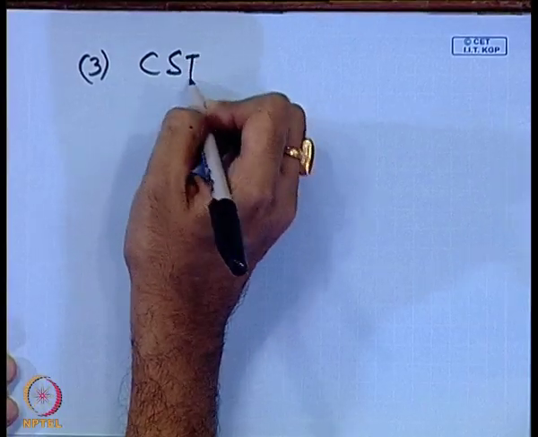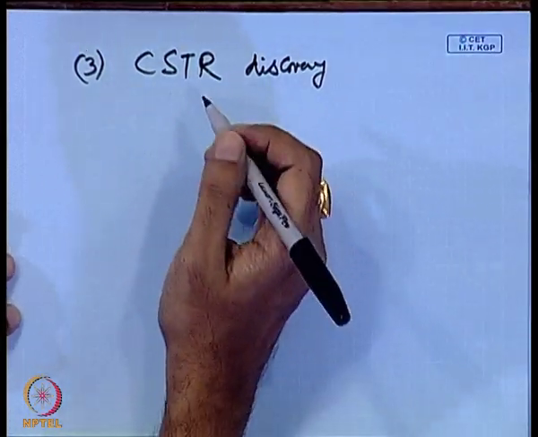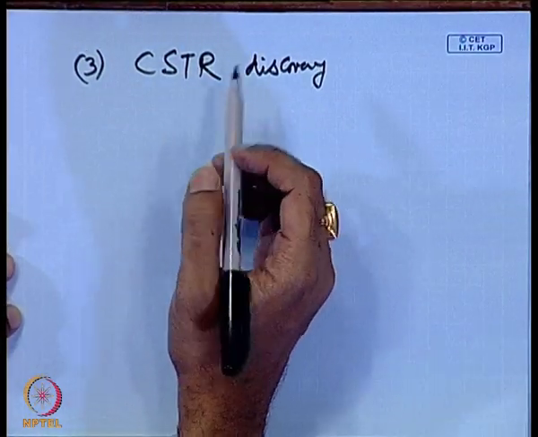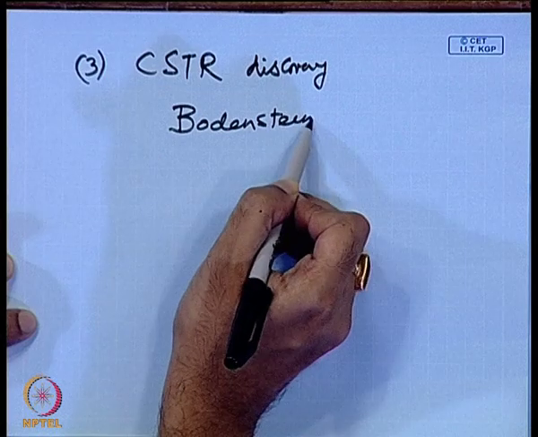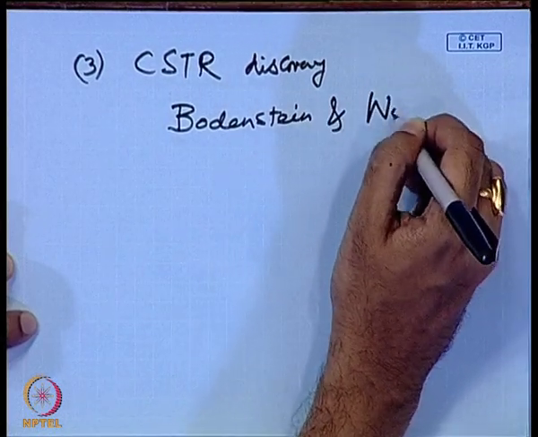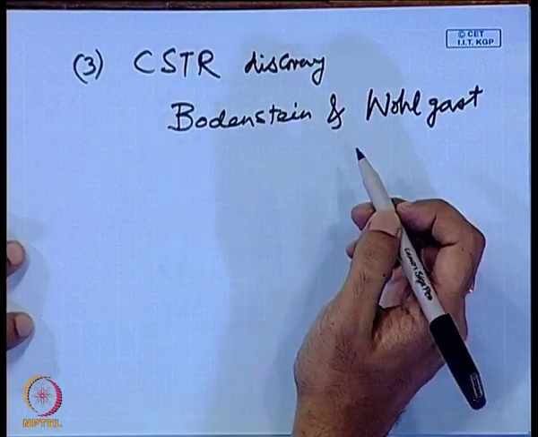And then what happened was the CSTR was discovered a little after that, and that became a big breakthrough in the whole of chemical reaction engineering, the discovery of the CSTR. The CSTR was discovered by two German scientists, Bodenstein and Wolgast, and I forget the year.